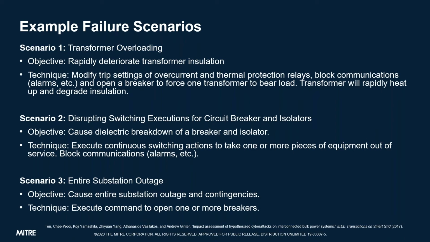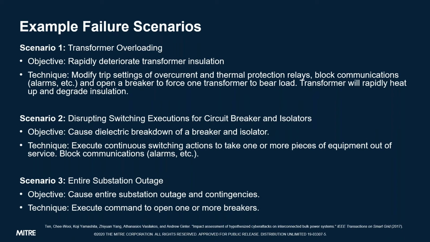Again, we have to block communications so that alarms don't reach an operator. And then scenario three is your run-of-the-mill Ukraine attack, where you're trying to cause a particular outage. Here the objective is to cause an entire substation outage and whatever contingencies come with that, and we can do that by opening one or more breakers.